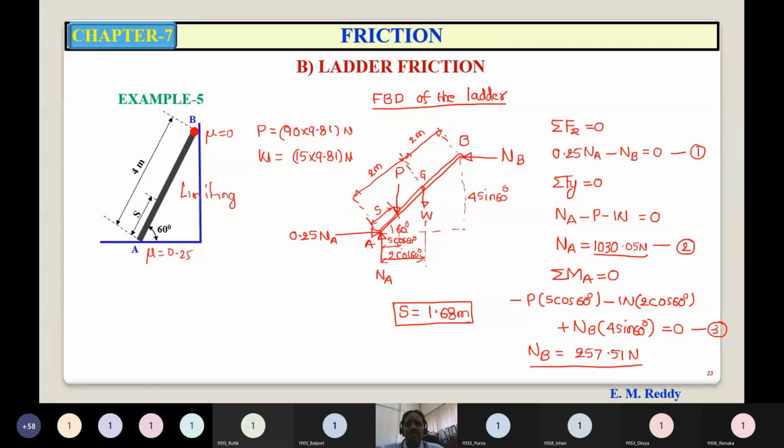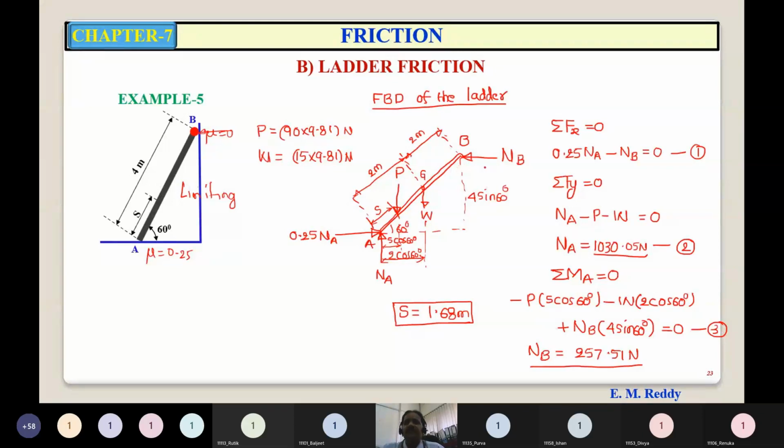And what are the support reactions? The ladder is supported by a horizontal ground surface and a vertical wall surface. These two surfaces will offer normal reactions which are perpendicular to the plane. So NA is vertically upwards, NB is horizontally towards left, that is perpendicular to the wall. And the third type is self-weight, the weight of the ladder. So we show all these forces on the ladder.